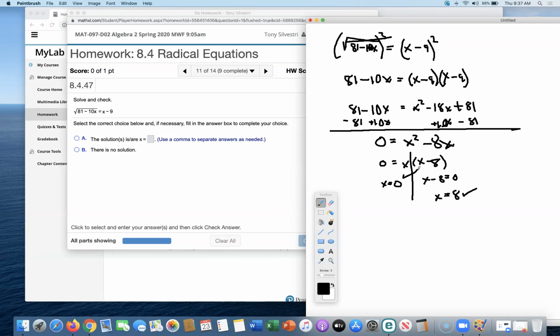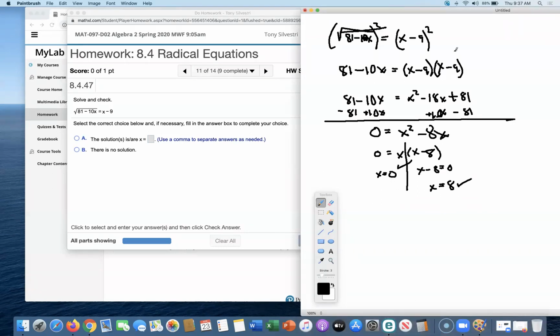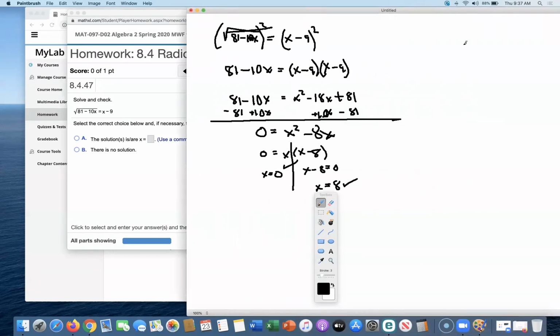Let's see if they work out. x equals 0. Square root of 81 minus 10 times 0. That's 0, because 10 times 0 is 0.